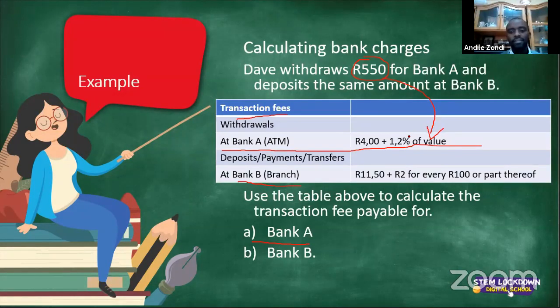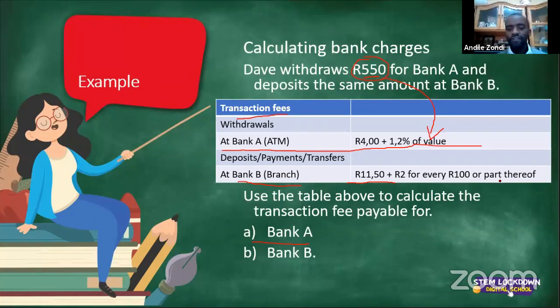Now let's look at how much he will pay if he deposits 550 at bank B. The formula here is 11 rand 50, which is a fixed amount, plus 2 rand for every 100 rand or part thereof.